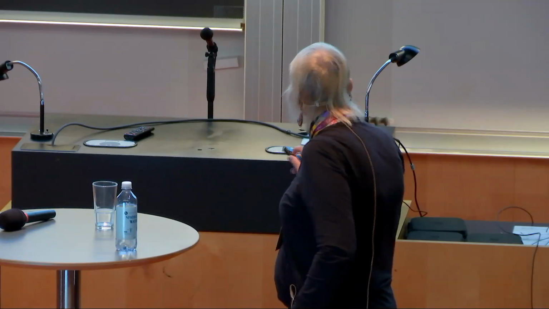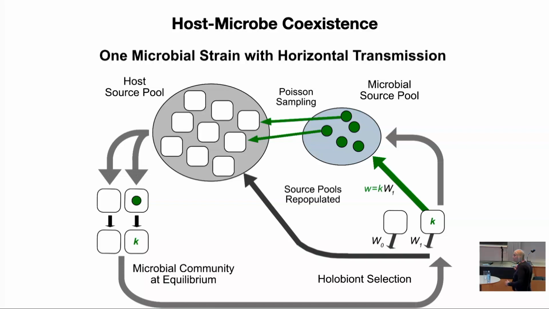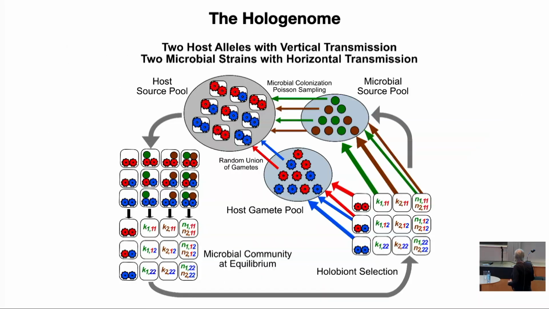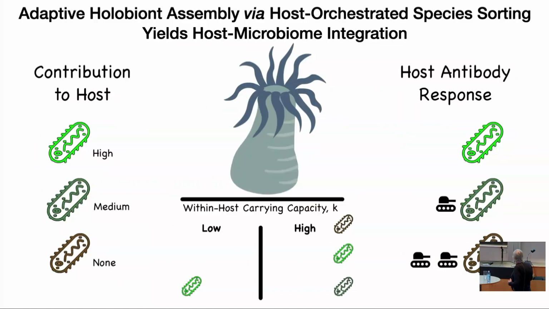Yeah, so in this model here, this is just a straight population dynamic model, so there's no selection of any kind going on here. But nor is there selection by the host here. Here there's random colonization. But the whole point of this model is that this is an alternative story.